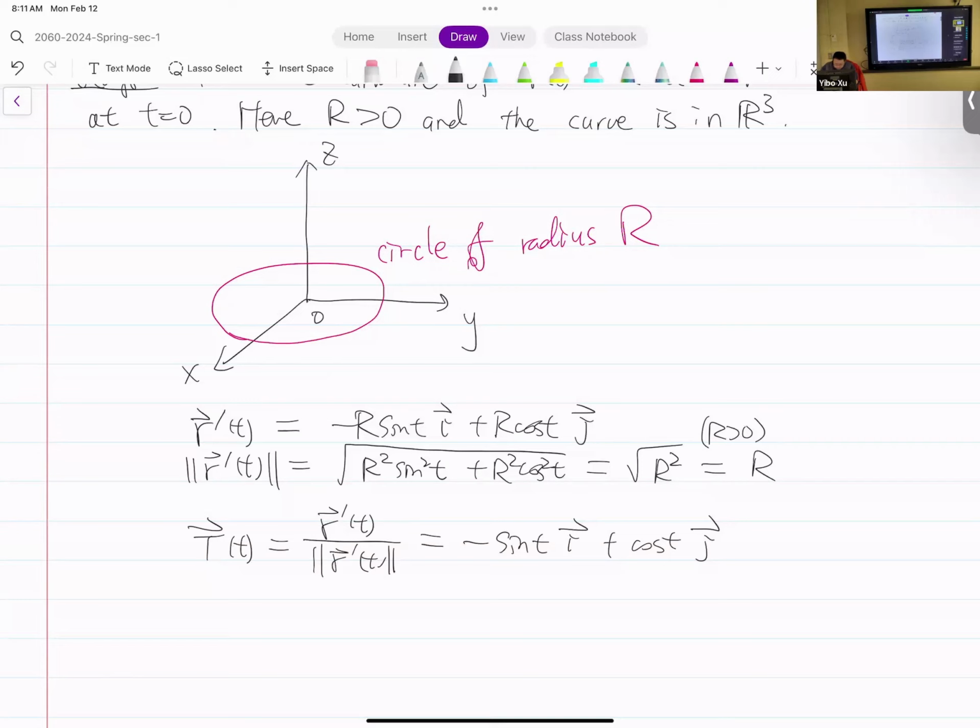It turns out it's not really hard because now the components are just trig functions. The derivative of negative sine gives negative cosine i, and the derivative of cosine gives you negative sine j.